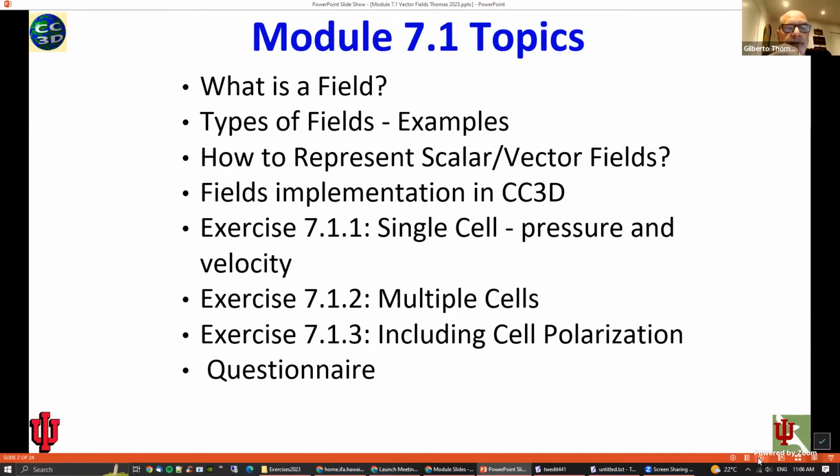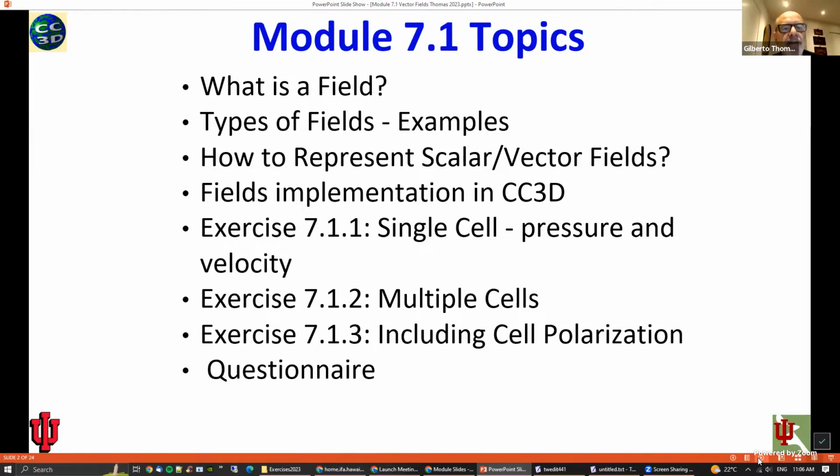This is the outline of the talk. I don't know if I will use the whole section today because this module is quite simple, but I will try to go slowly so that you can learn how to implement those things.